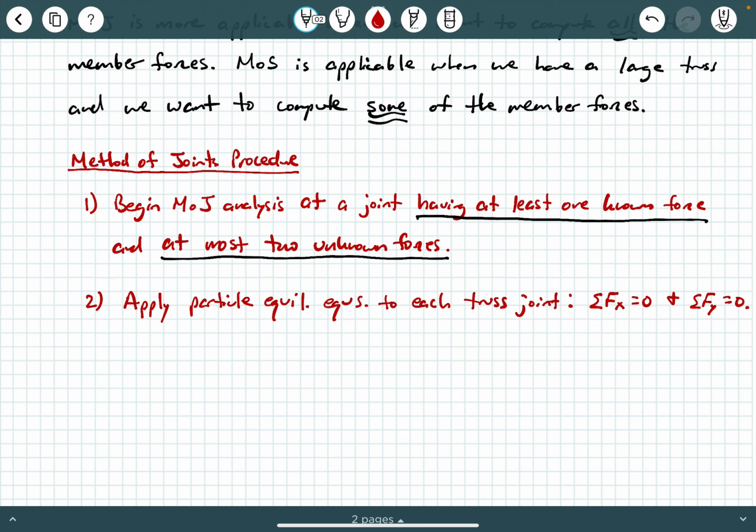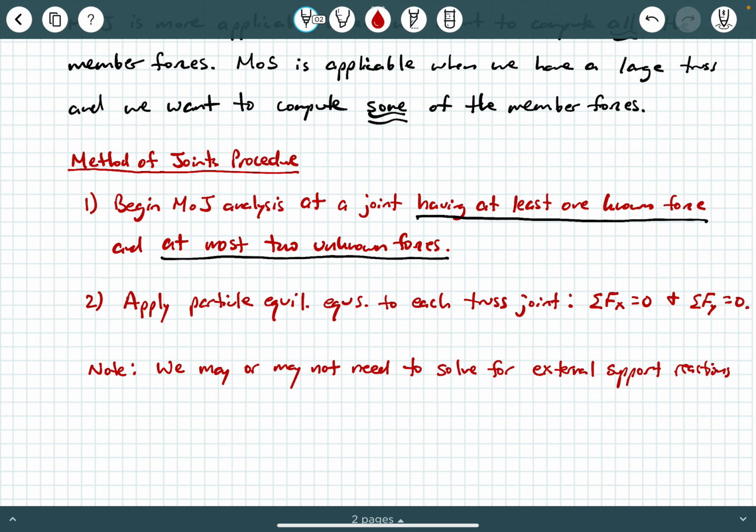Okay, so what about external support reactions? Okay, I'm going to make a note here. Note: we may or may not need to solve for external support reactions on the entire truss first.